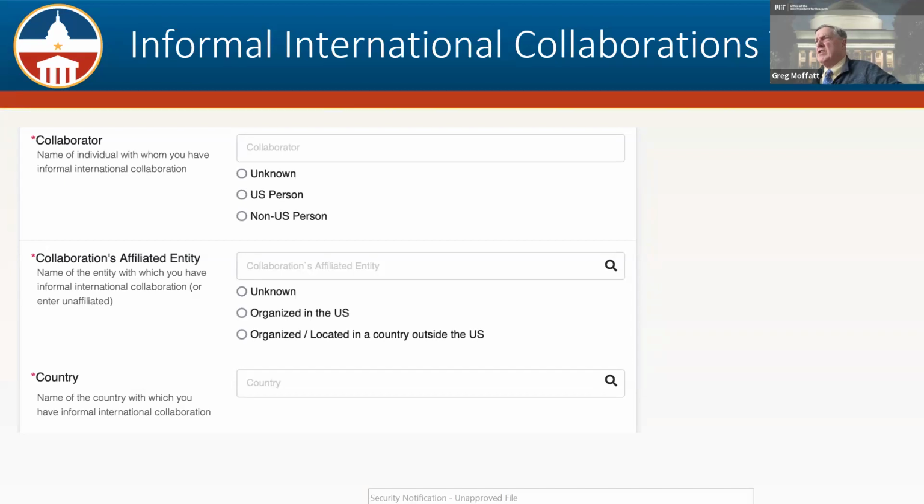Again, is that organized in the United States, is it external to the United States, or maybe they don't know? And to the extent they know, what's the country involved? Those are the only questions they actually have to answer in order for the system to then push it on to the export control team.